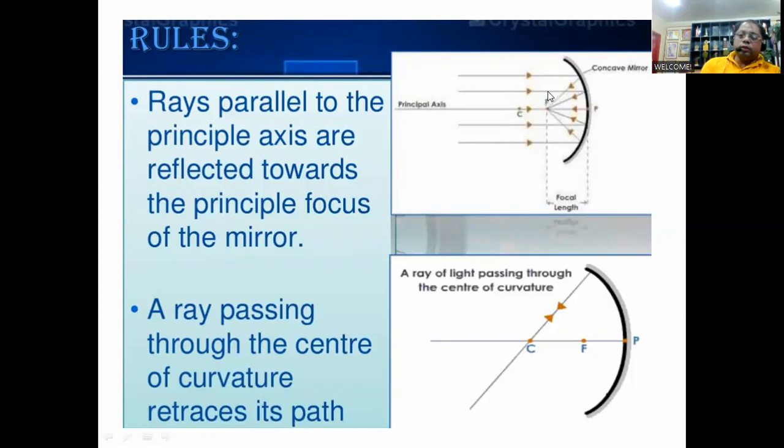Now that is used by several devices like antennas, like the satellite dish. When we get a subscription for cable TV in your house and you use this dish, why is the signal very clear? Because all the signals that are transmitted will all be collected at the focal point.